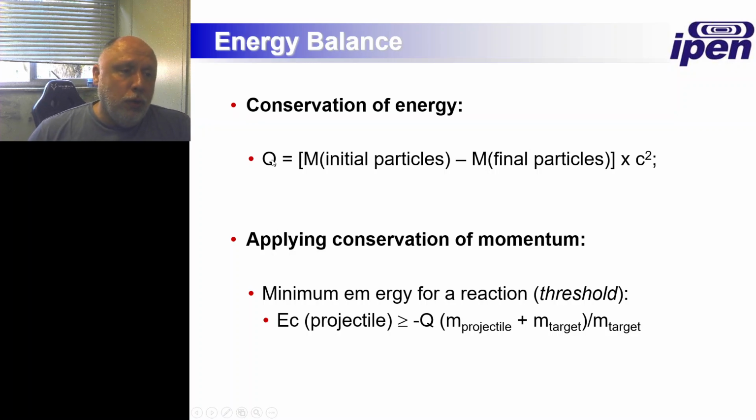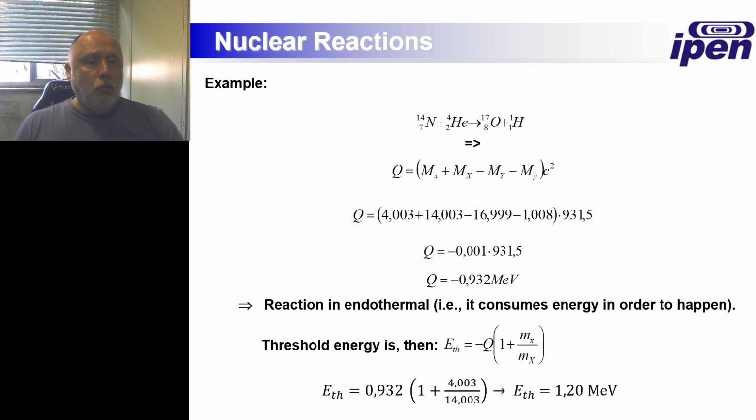But if Q is negative, then this becomes a positive number, and the kinetic energy of the projectile has to be greater than a certain amount. We call it threshold. One example is the reaction we posted before: nitrogen 14, helium, proton, oxygen 18. Just doing the math, the Q of the reaction is minus 0.932 mega electron volts.